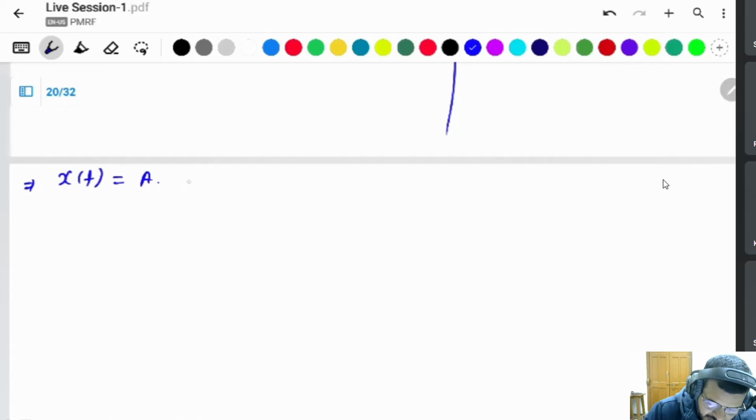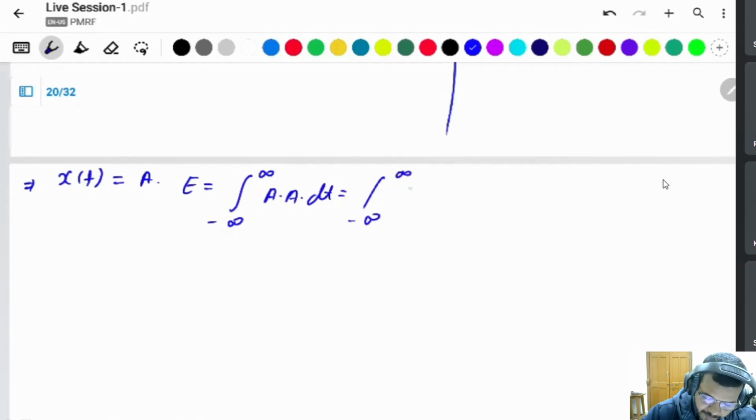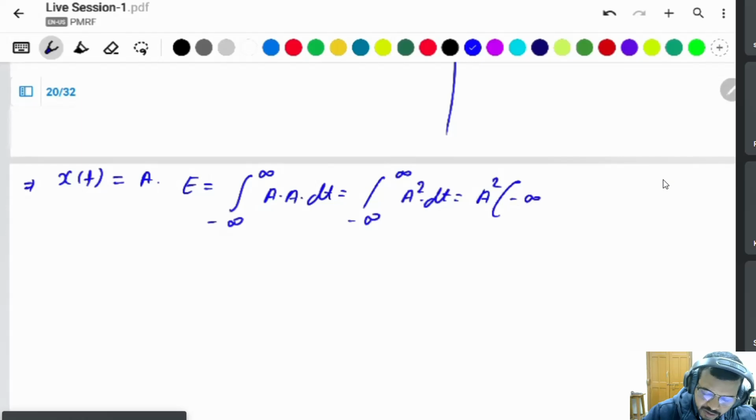First of all, find the energy. Minus infinity to infinity a into dt. It means minus infinity to infinity a square into dt. A square will be common, and this will be 1, minus infinity to infinity, overall infinity.